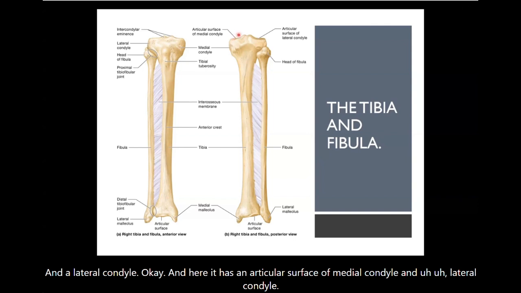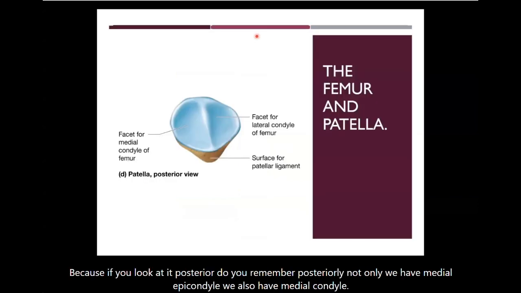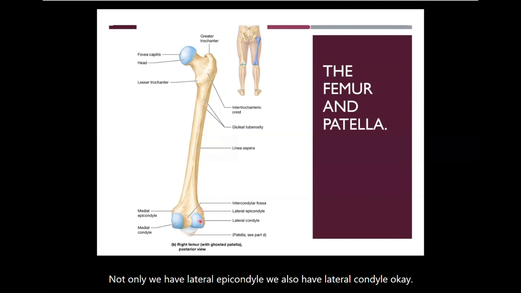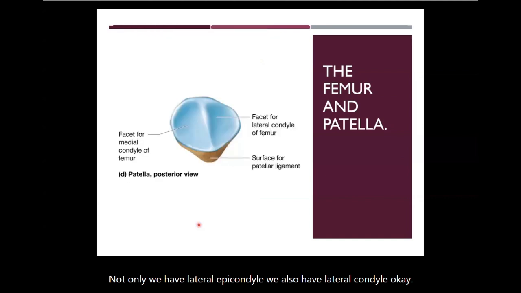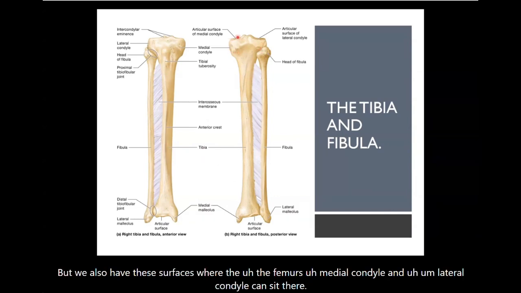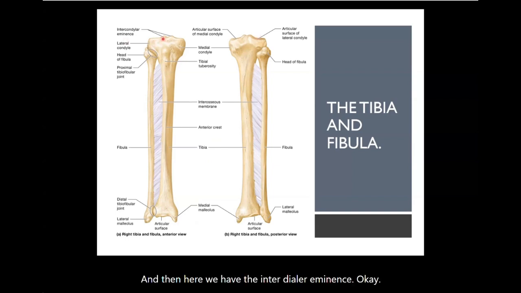And here it has an articular surface for the medial condyle and lateral condyle, because if you look at it posteriorly, do you remember, not only do we have medial epicondyle, we also have medial condyle. Not only do we have lateral epicondyle, we also have lateral condyle, okay? So here we also have medial condyle and lateral condyle, but we also have these surfaces where the femur's medial condyle and lateral condyle can sit. And then here we have the intercondylar eminence, okay?